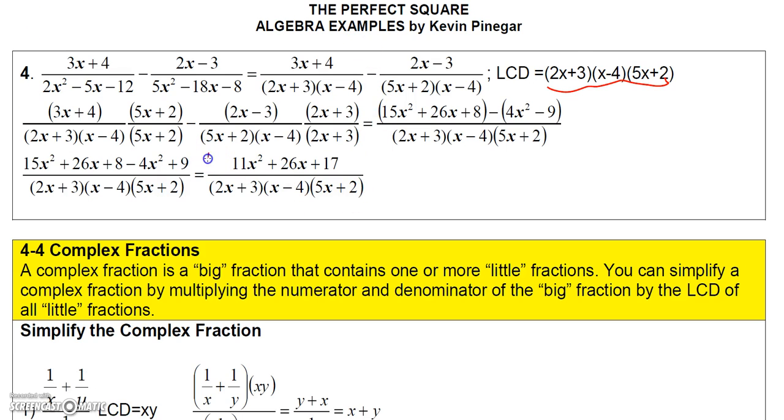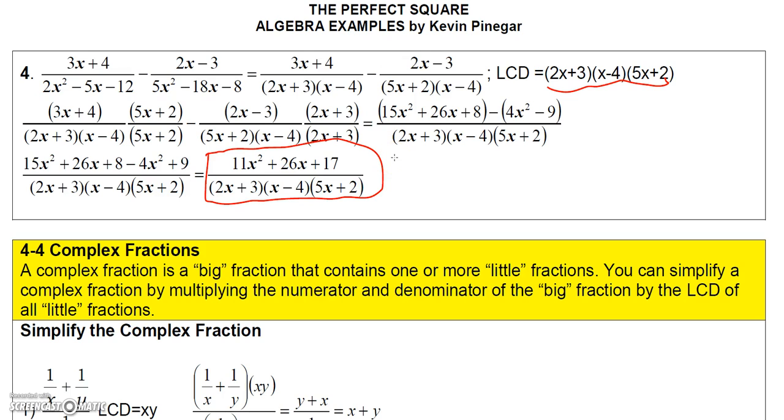And that is as far as you can reduce this fraction. I tried to factor this, but it wouldn't factor. So I couldn't get it to factor into anything that would cancel with any of the factors in the denominator.